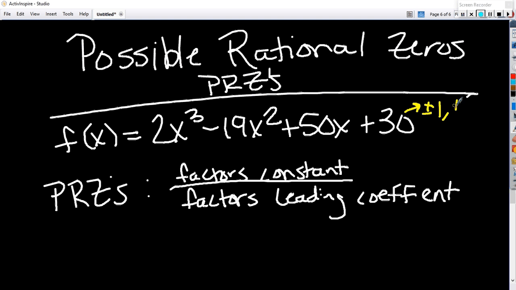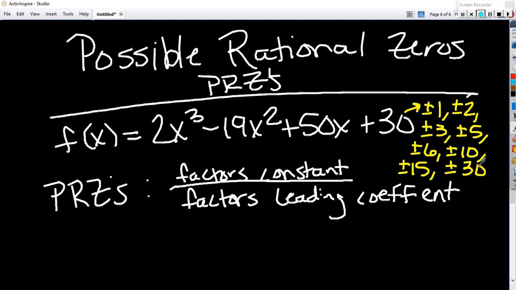All right, plus or minus 1, 2, 3, 5, 6, 10, 15, and 30. Are we all in agreement? Plus or minus? Because negative 30 times negative 1 gives you 30, right? So it could be a positive or negative factor.